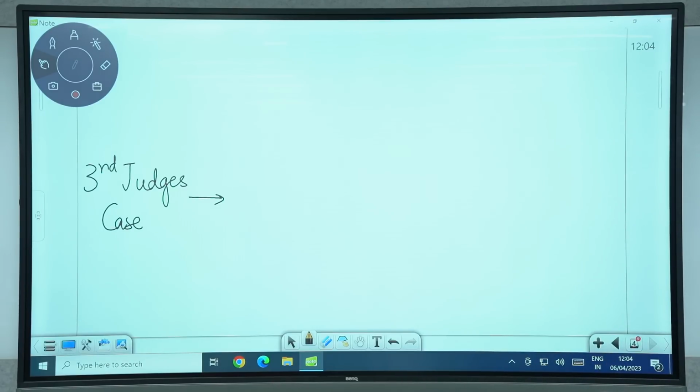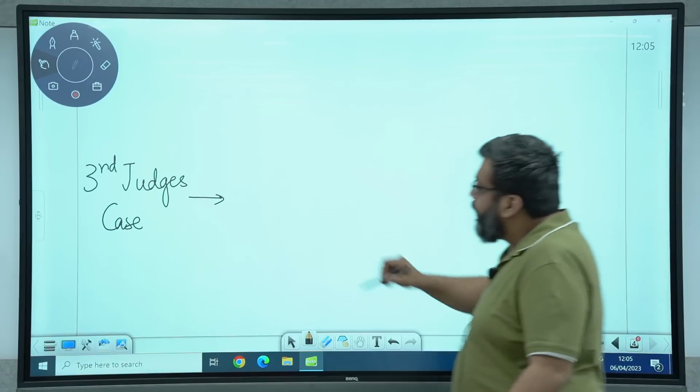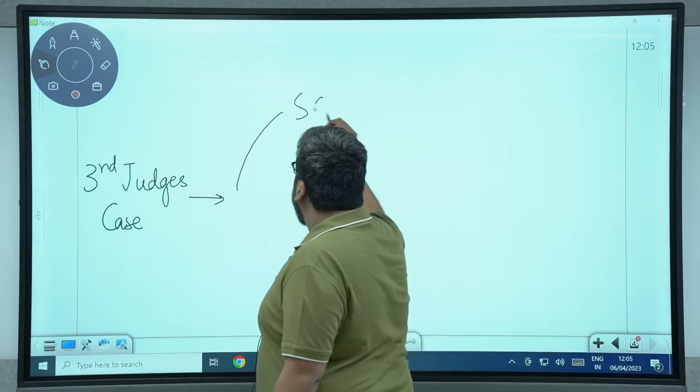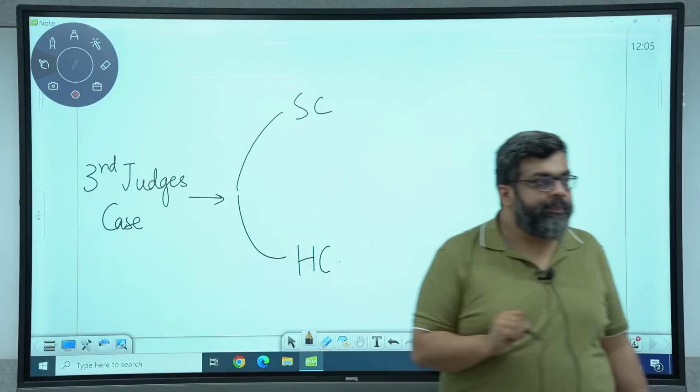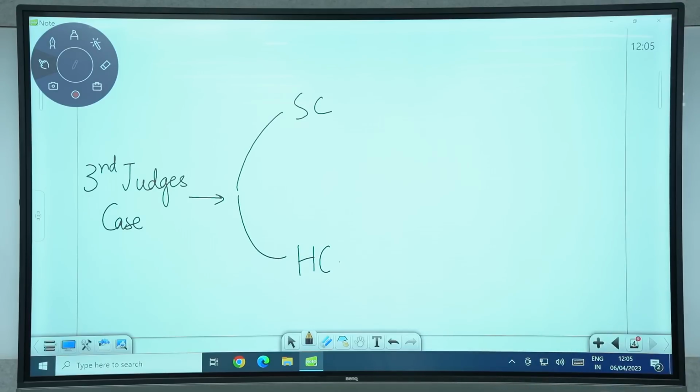Now, these appointments are for the Supreme Court and the High Court judges. Now, in each of these, you must understand that provisions for the Supreme Court and provisions for the High Court judges are governed by a certain set of laws. मैं पहले लीगल आर्किटेक्चर बताता हूं, फिर इसके बाद हम डिटेल्स में जाएंगे.